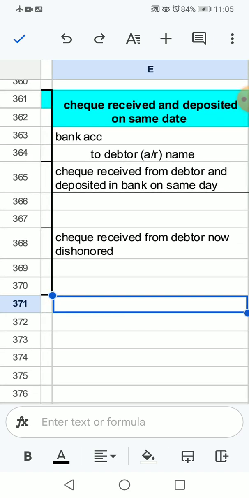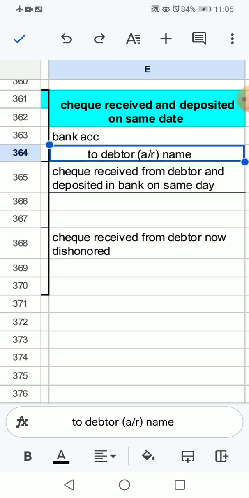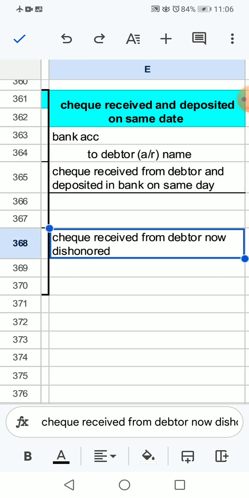Check received from debtor, now dishonored. What had happened? You have received your check from debtor who was your asset, and since you have received that check from the debtor, asset has been decreased. At the stage when your bank account will show the reason why he is dishonoring that check, you will again go to your debtor and will inform him that check has been dishonored.